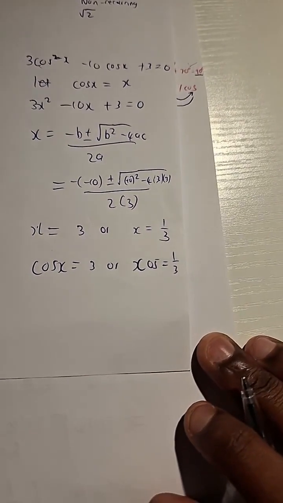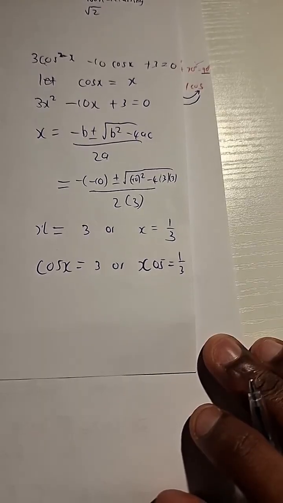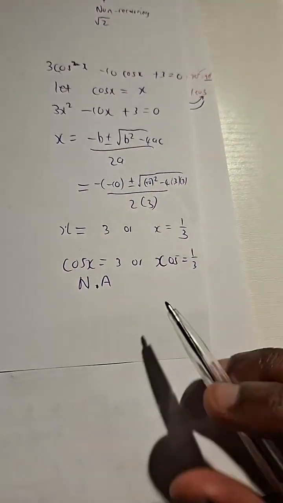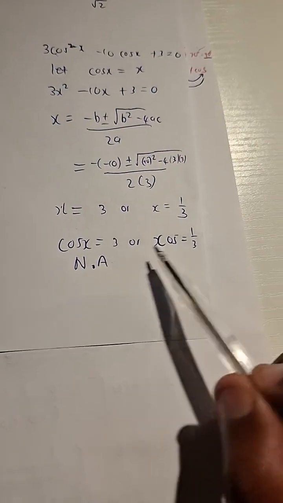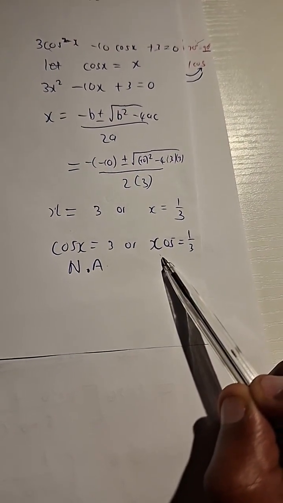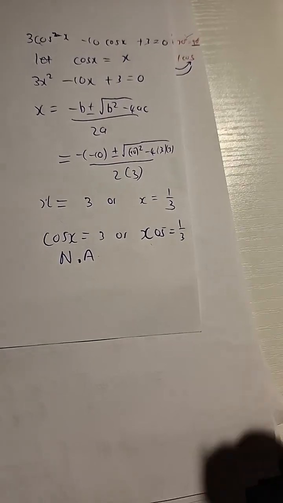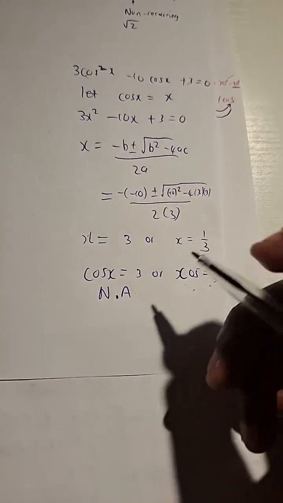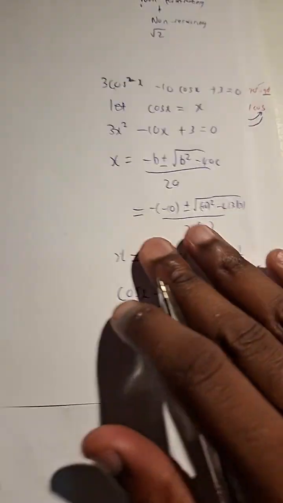Then you can go about and find your general solution. Obviously for this one there'll be no solution, but here there'll be a solution, guys. Cos x is equal to 1 over 3.